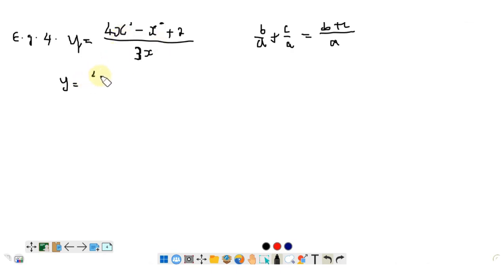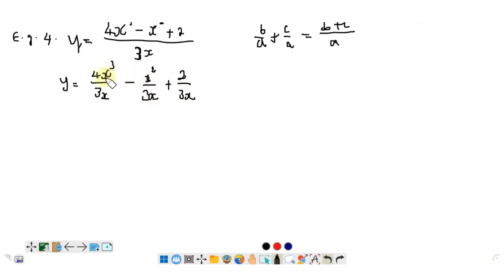So now I'm going to break it: 4x cubed over 3x, minus x squared over 3x, plus 2 over 3x. So you see, we simplified it first.